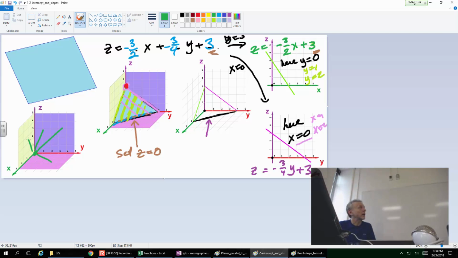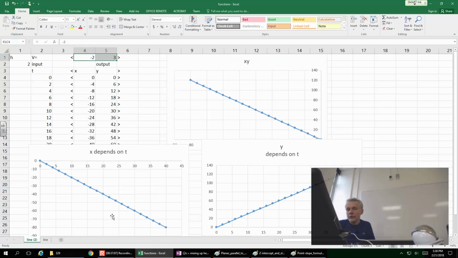Let's use Excel to do what? To construct this or similar plane. Okay? Well, with your help, we'll see how you understand functions of several variables.